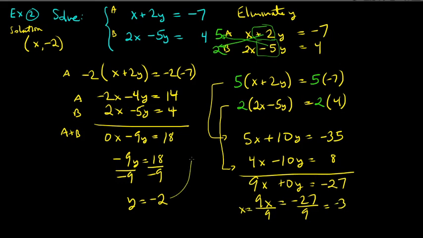So same thing you would have gotten if you just plugged in, say, y equals negative 2 here. So x is negative 3, y is negative 2. And so our solution should be negative 3, negative 2. Just going to erase the x and put in the solution here. So there's our solution, negative 3, negative 2.